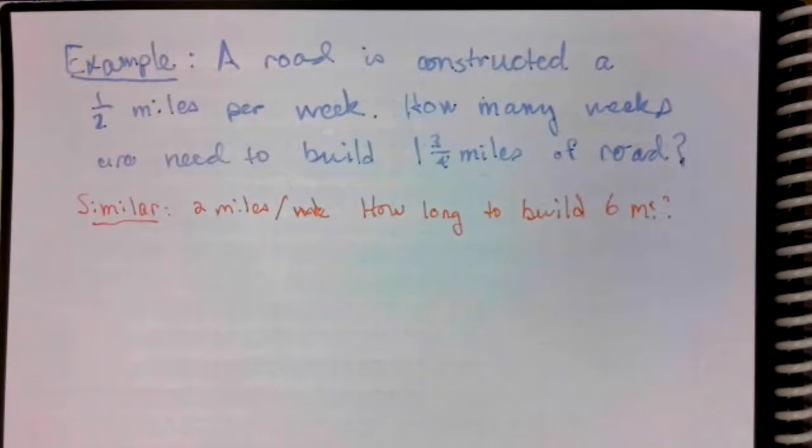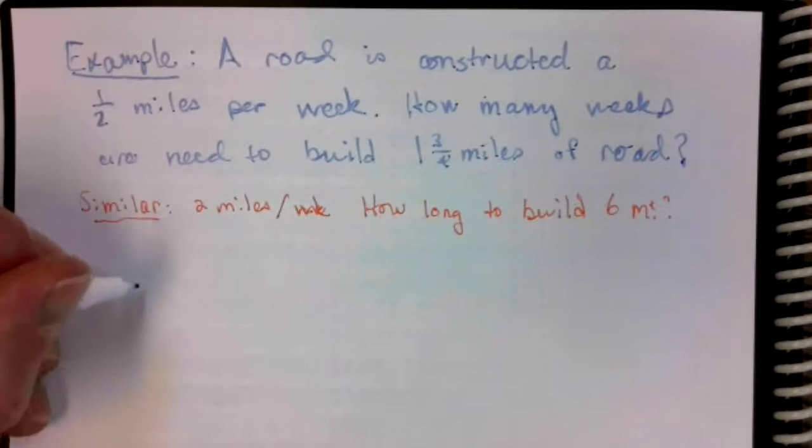It's the exact same problem structurally. So what we're wanting to do is take the distance that we have to cover and divide by the rate at which we cover that distance. So we're going to take 1 3/4 miles, and we are going to try and figure out how many pieces of a half we need to make that happen.